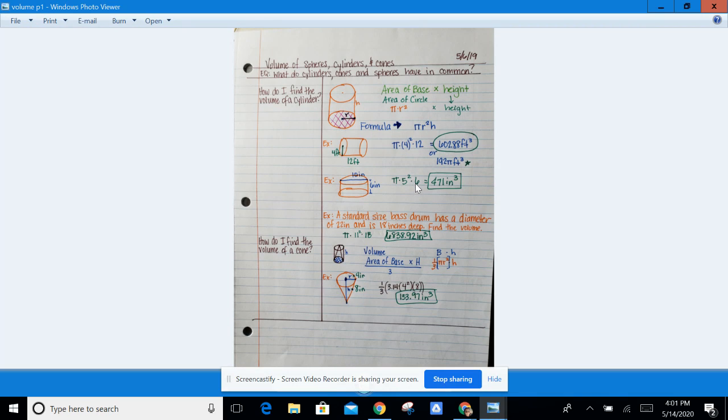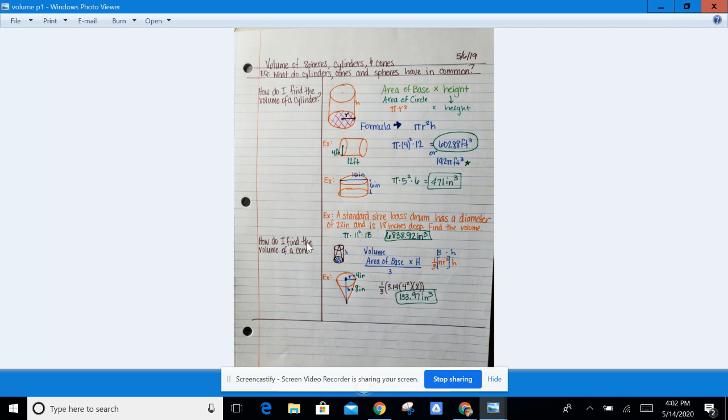When I multiply it out, 3.14 times 25 times 6, I get 471 inches cubed. If I wanted to put it in terms of pi, I would just take 5 times 5, which is 25, times 6, which is 150. It would be 150 pi inches cubed.